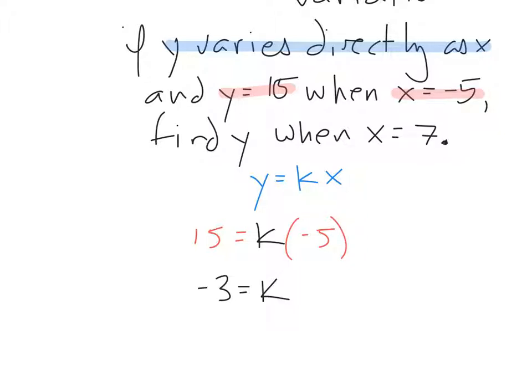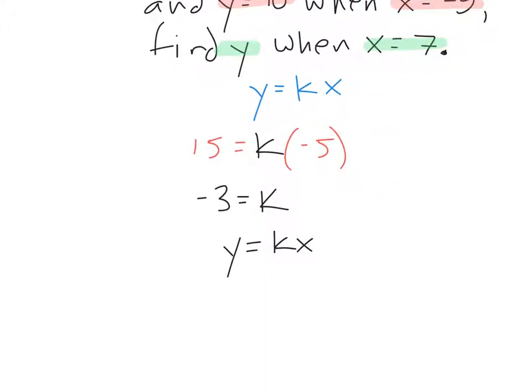All right? So, now they are asking me to find y when x is equal to 7. And so I use the formula again. Let's use the pen. So again, y equals kx, and here I am trying to find y.